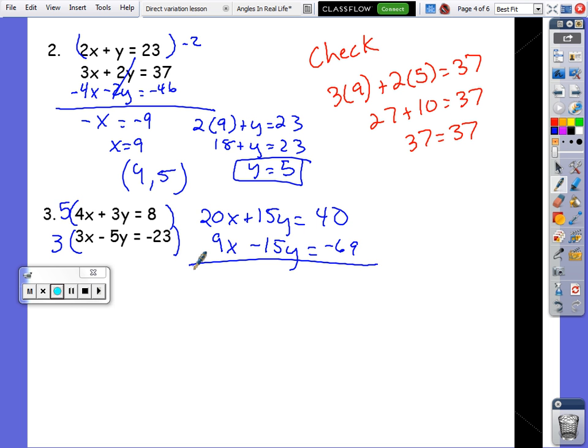So what I've succeeded in doing is by multiplying the top one by 5 and the lower one by 3, I ended up with a positive 15y and a negative 15y. They're going to cancel. So now I'm going to add the others the way I've been doing in the past.